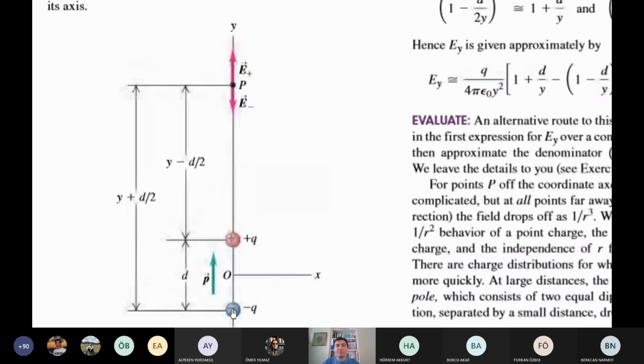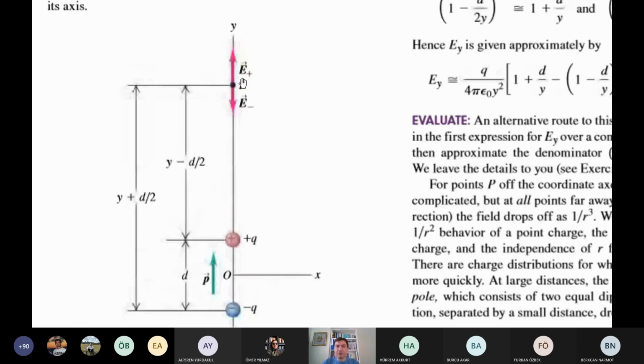And then the net electric field can be calculated by calculating these individual electric fields produced by the individual charges in the electric dipole. What about the magnitude of this electric field produced by positive charge? What about the distance? This is the positive charge and P point. Look at the distance. This is the P point and negative charge.